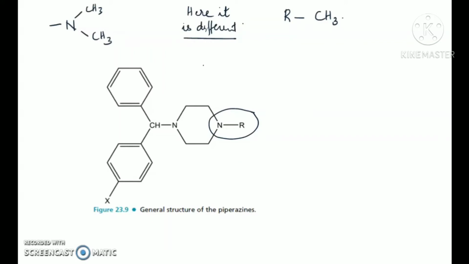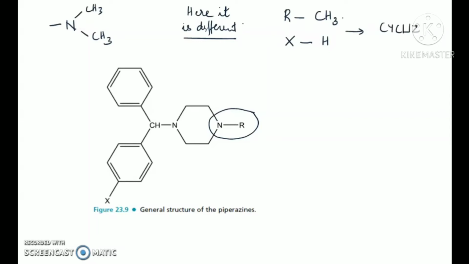The terminal nitrogen atom forms a part of the piperazine ring. So two valencies of the nitrogen atom are satisfied because it is a part of the ring system, and the third valency is usually a methyl group or a substituted phenyl ring. Based on the R present at the nitrogen atom and X present in the phenyl ring, you get different derivatives of piperazines or cyclizines.